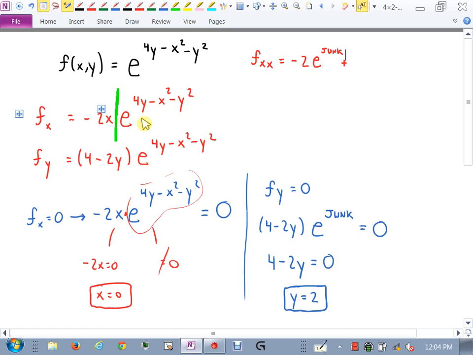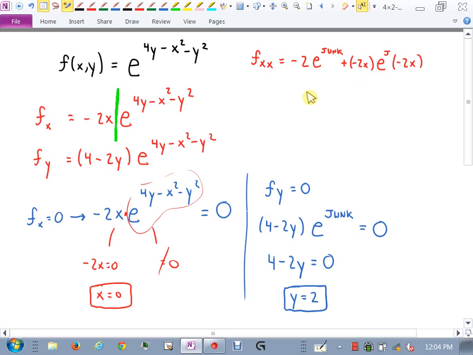So that's negative 2x e to the junk, and then, remember, finish the product rule off, times the negative 2x. Product rule: derivative of this times this is this one, and then derivative of this, which is this, times this, which is this.